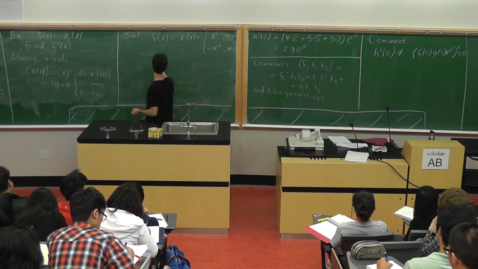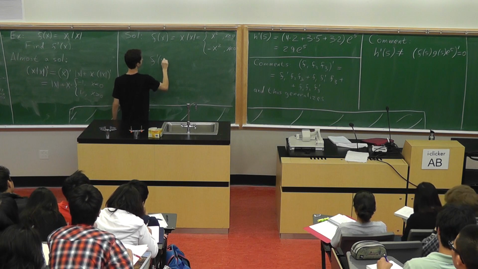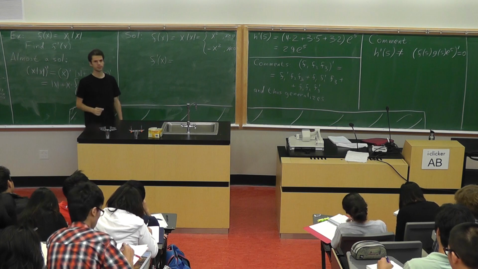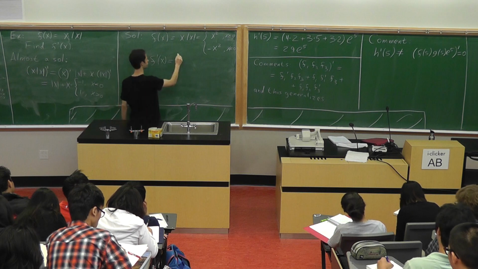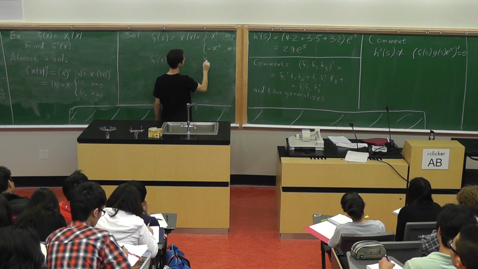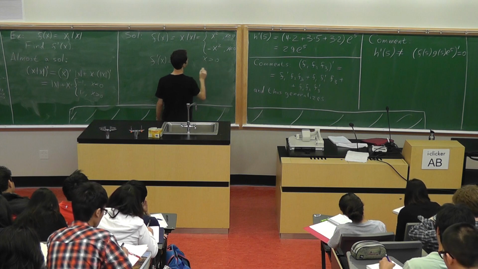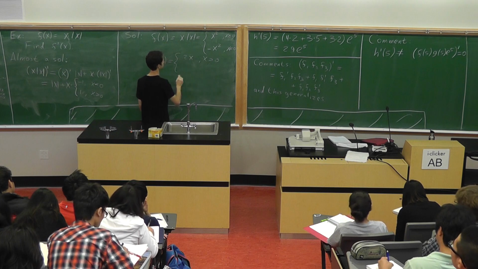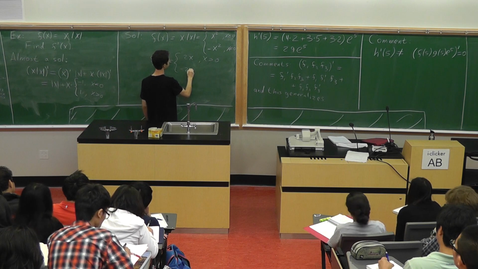Okay, good. So now the derivative of f, well, still will have some problem. When x is positive, we'll have 2x. When x is negative, we'll have negative 2x.